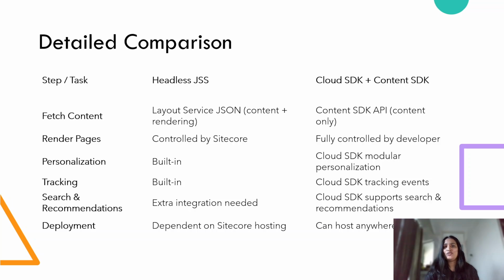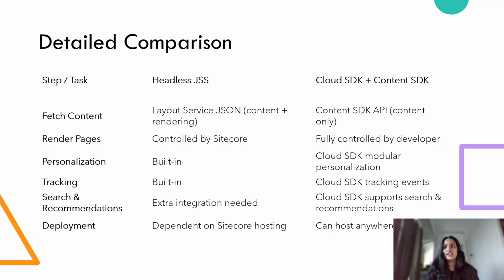That means you have to follow the Sitecore layout rules. In the new Content SDK and Cloud SDK model, you only get the content from the Content SDK via API and GraphQL, and you get clean data which makes your code simpler and more flexible.